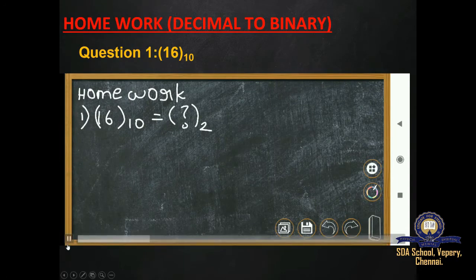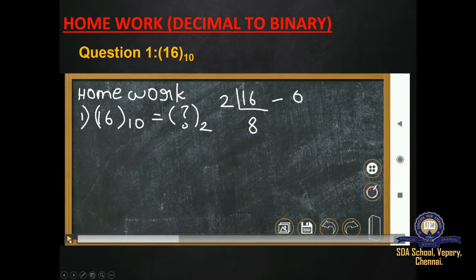First, we have to divide 16 by 2. How many times do you get 16 in the 2 table? Yes, 8 times we get 16. Our remainder will be 0.